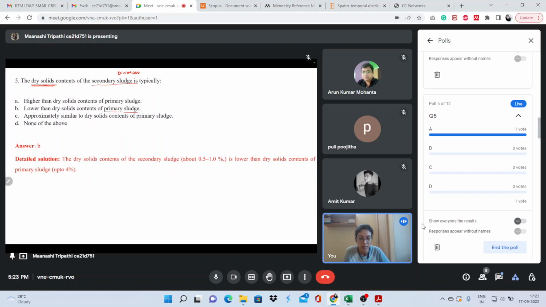Okay, that is why the solid content of secondary sludge is lower than the dry solid content of primary sludge, because secondary sludge is mostly biomass, means microorganisms, dead or living. They constitute less than the inorganic particles in percent weight. That is why this is happening.